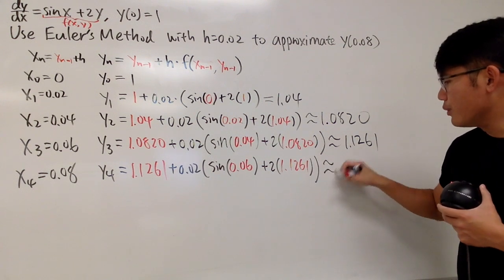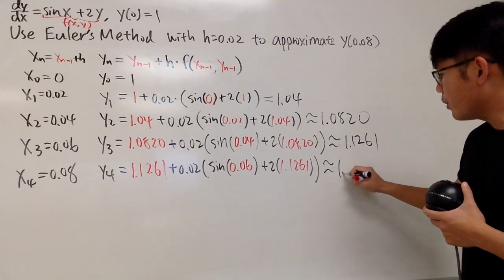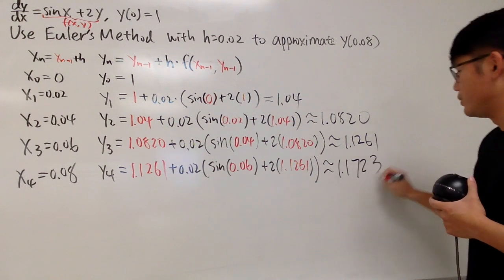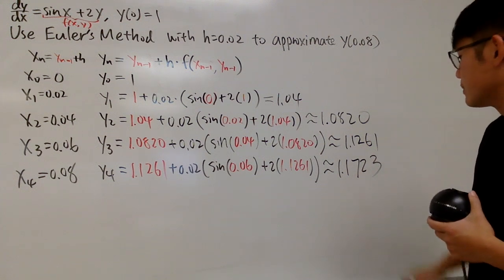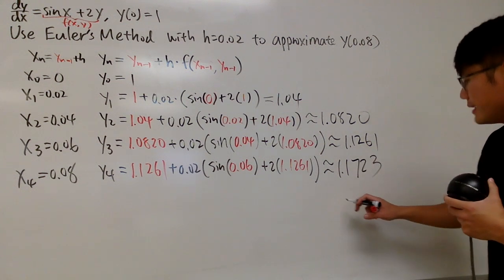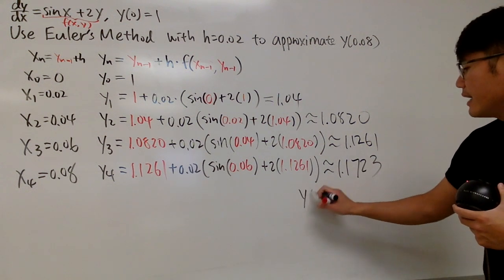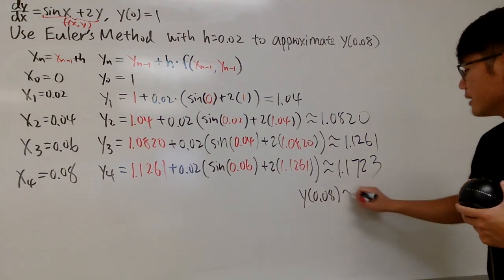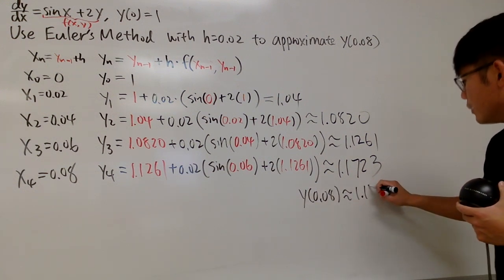And in the end, you will get approximately 1.1723, using 4 decimal places. So based on this, y of 0.08 is approximately 1.1723.